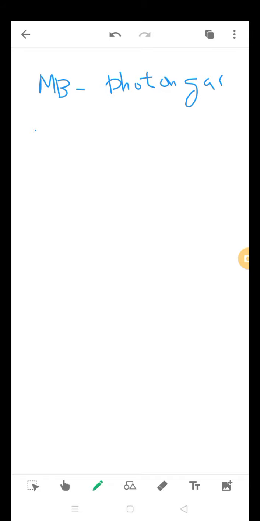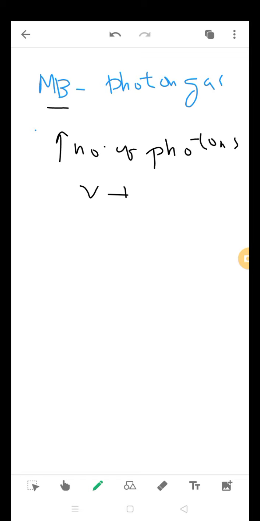So if we plot, according to MB, as the frequency increases, the number of photons should also increase. But this doesn't happen actually.